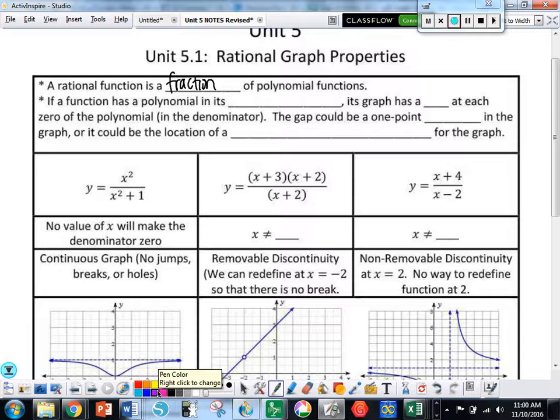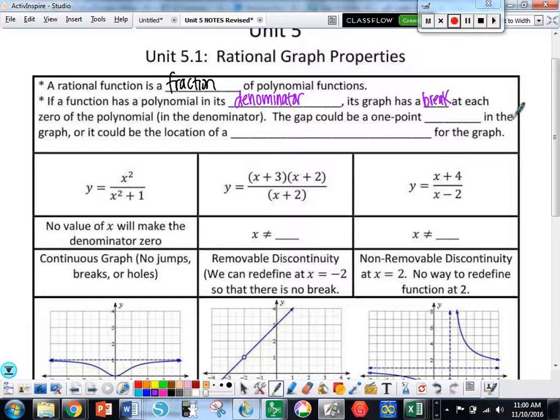Okay, so same thing. If a function has a polynomial in its denominator, its graph has a break. I don't know what the right word is for that one. It has something going on at each of the zeros in the denominator.